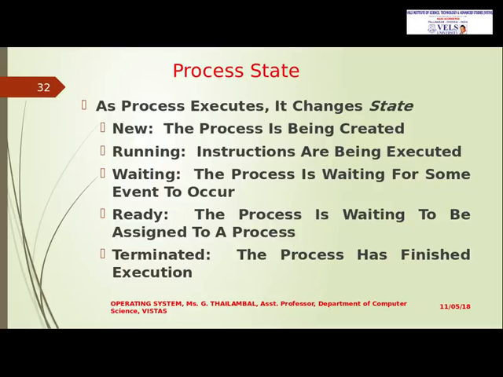If it is waiting for input or output devices, then it is called the waiting state. And what is ready state? If the process is ready to be allocated to the CPU for execution, then it is called the ready state. Only once the process is in ready state will it go to the next state, the running state. And terminated state, once the process has completed all its operations like IO operations, calculations, everything is over, then it comes to the terminated state.